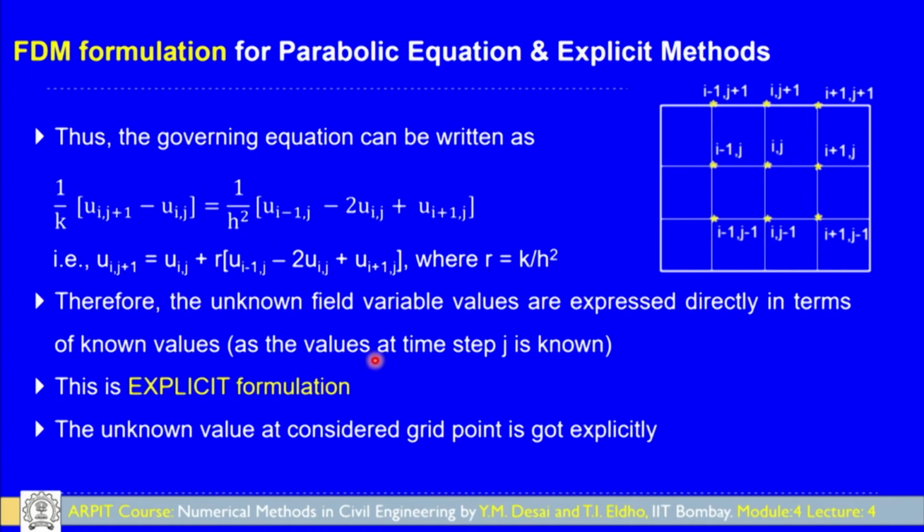Therefore, this is called the explicit formulation. The unknown field variables are expressed directly in terms of known values, and the unknown value at the considered grid point is obtained explicitly. That is why it is called an explicit finite difference method.